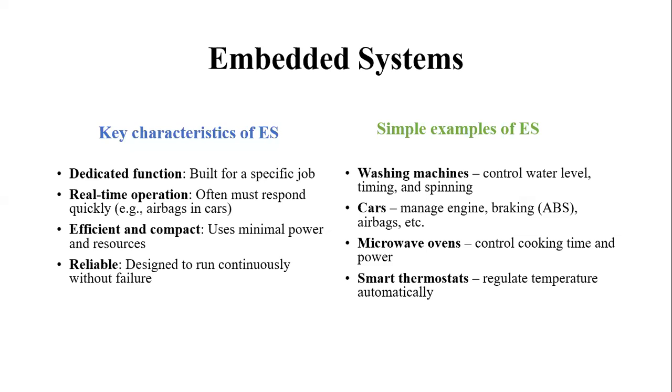And the next one is smart thermostats, which regulate temperature automatically based on the environment. Major cities or major hospitals require this type of system to monitor the internal or outer temperature.